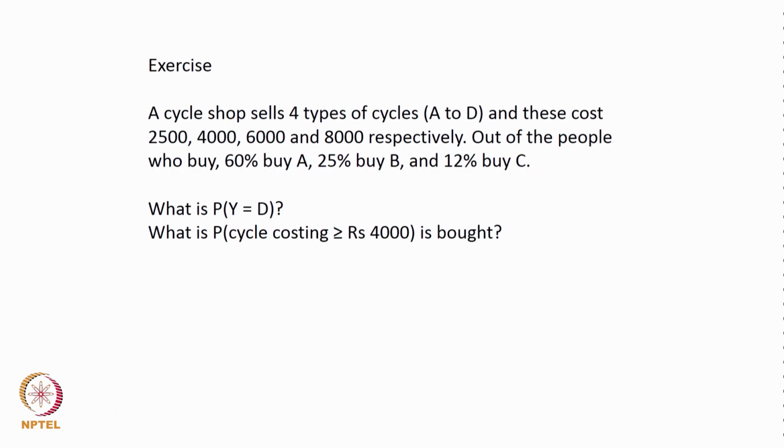What is the probability that cycle costing 4,000 is bought? So you could have 4,000, 6,000 and 8,000, which is 25 plus 12 plus 3, so 40% or 0.4, which is also equal to 1 minus less than 4,000, so 1 minus 0.6.